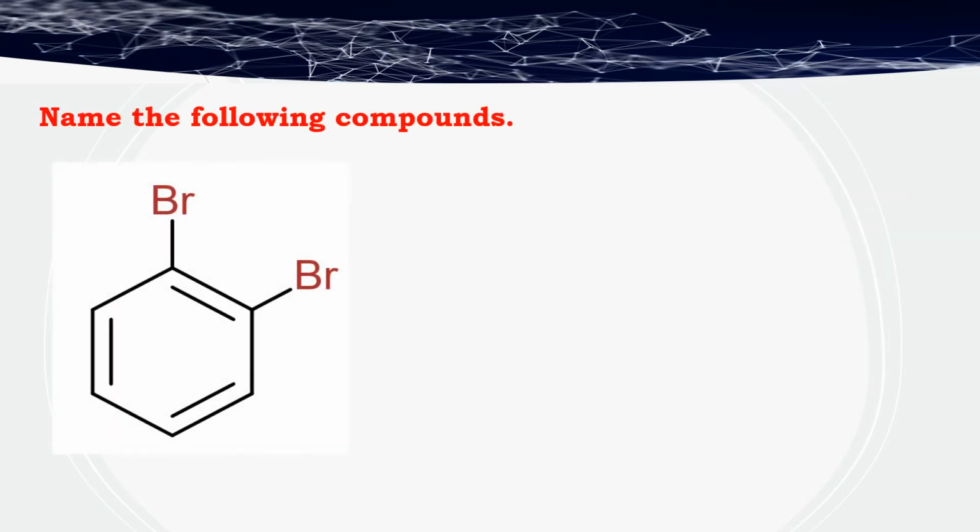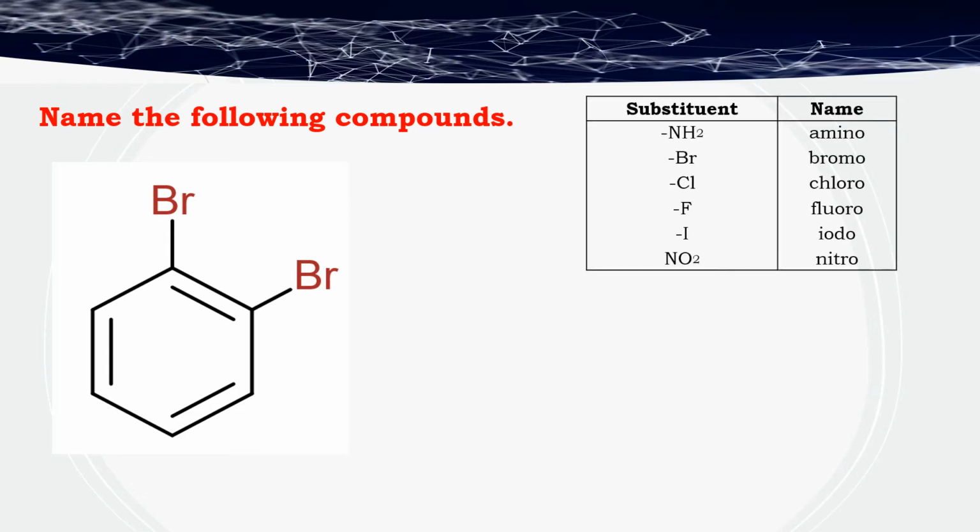Okay, for our second example, we have this structure here. So look at the substituents. Again, the first rule, you're going to name the parent chain or the ring as benzene. And look for the name of the substituents in our table.